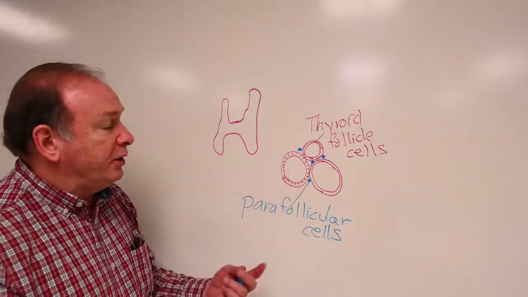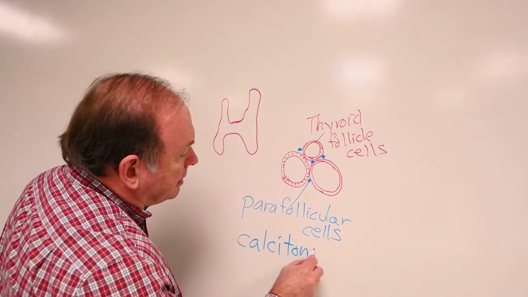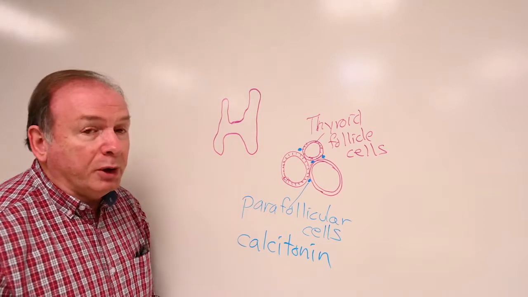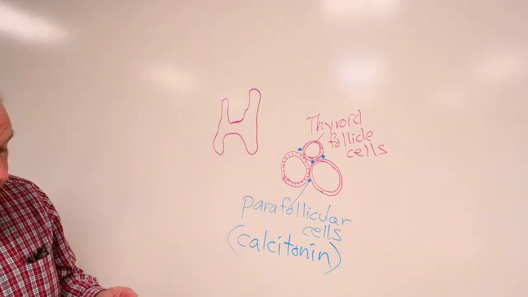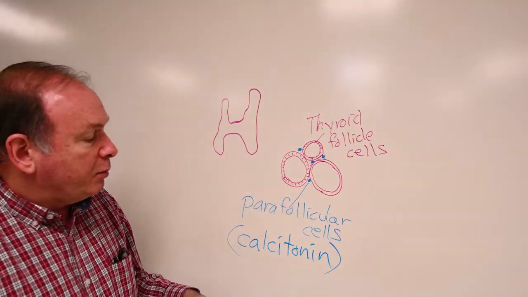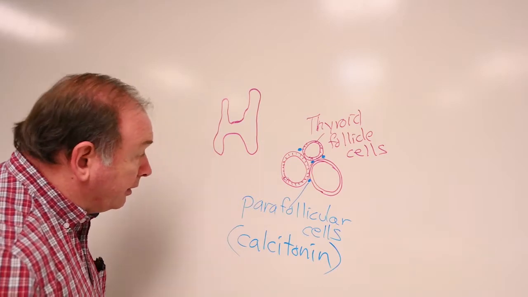Parafollicular means just next to the follicle. Calcitonin producing cells. Calcitonin cells or calcitonin producing cells. We'll talk more about calcitonin here in a minute when we talk about the parathyroid gland.